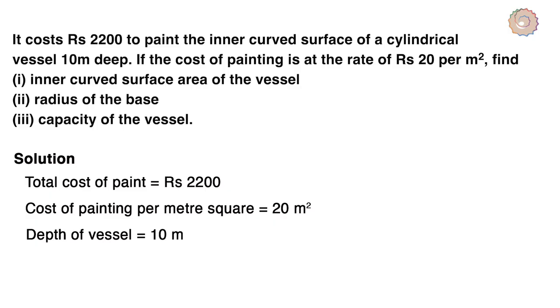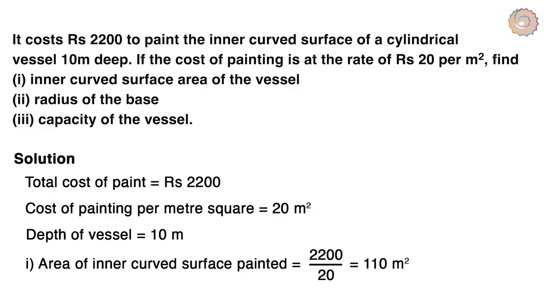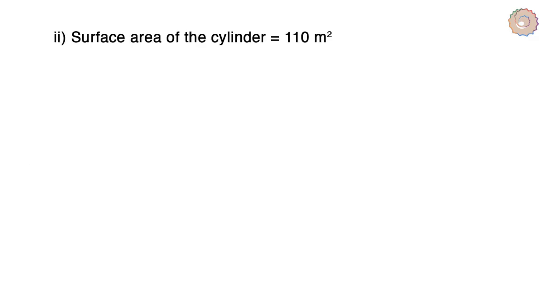Now let us find the first subpart. Area of inner curved surface painted is equal to 2200 divided by 20, which is equal to 110 meters square. The second subpart, surface area of the cylinder is equal to 110 meters square. Now, the formula for surface area of the cylinder is 2 pi r h, which is equal to 110 meters square.